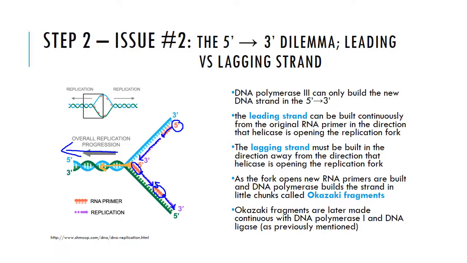And what will happen is that just like we already mentioned in the previous slide, our DNA polymerase 1 will go along and will find those RNA pieces and then put DNA nucleotides in, and the ligase will seal up the phosphodiester linkages to make a continuous piece. So just one more time, the leading strand will build continuously in this direction. The lagging strand will build in sections in this direction, opposite to the direction that the fork is opening.